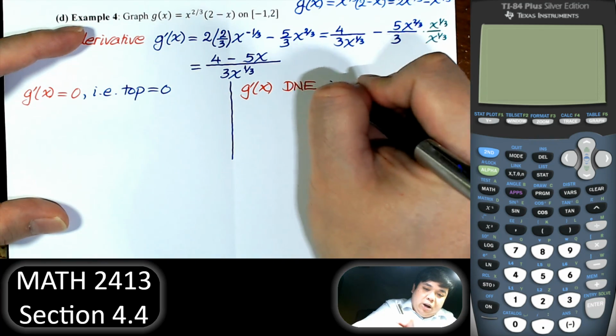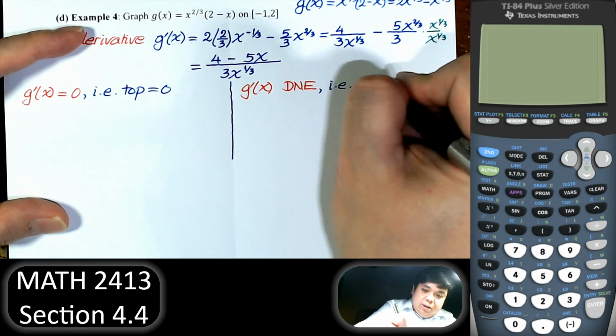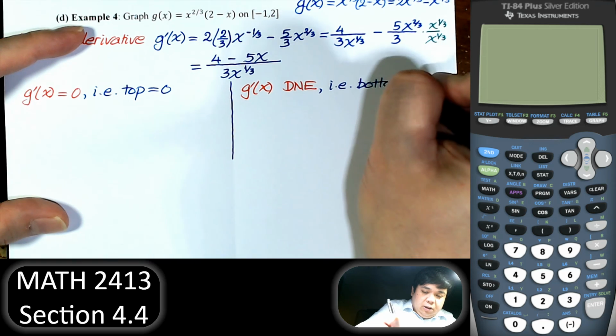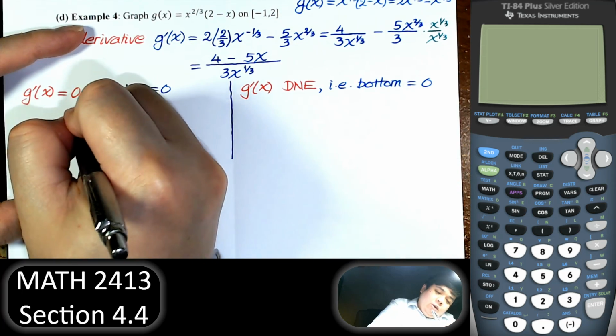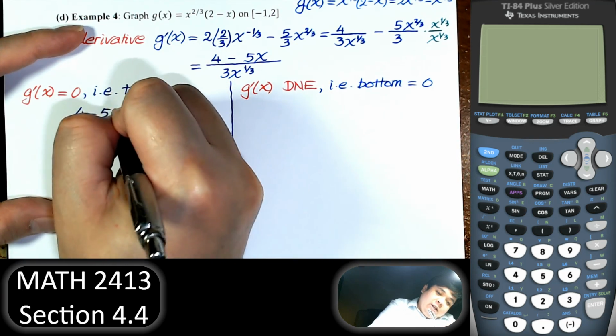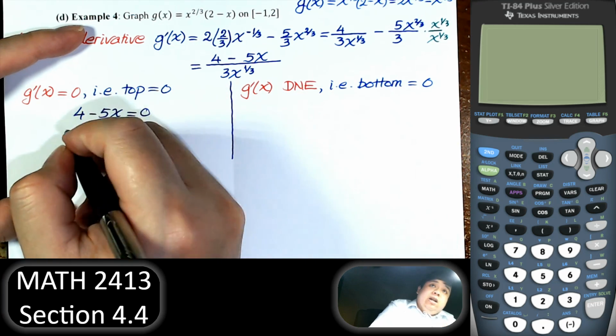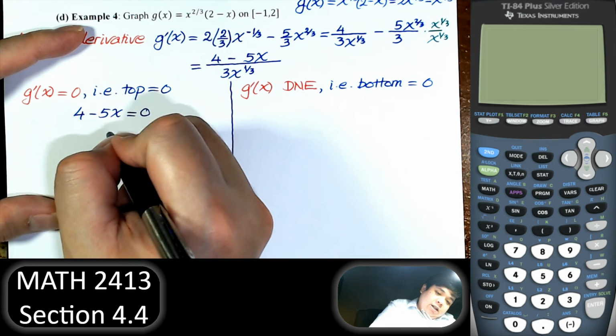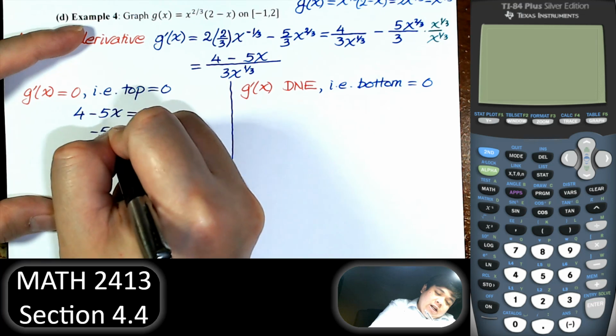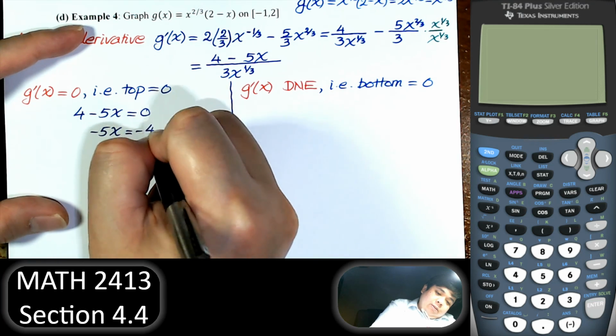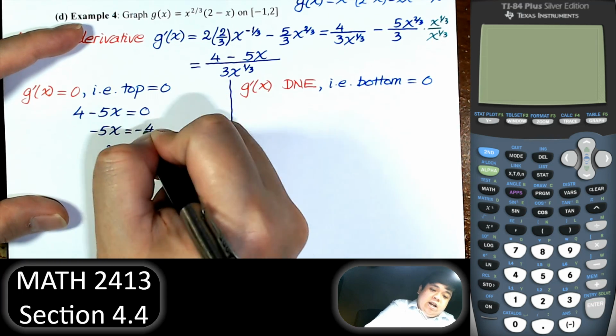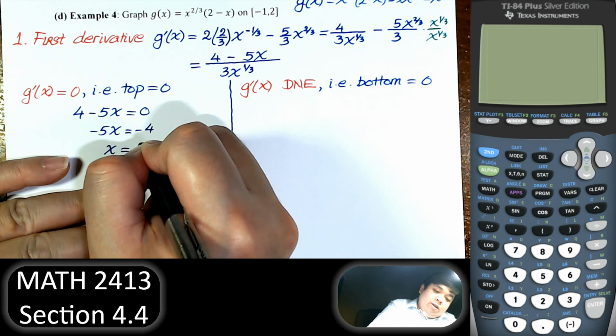Does not exist where the bottom is 0. So 4 minus 5x on the top equal to 0. So solve for x. Negative 5x is negative 4, or x is going to be 4/5.